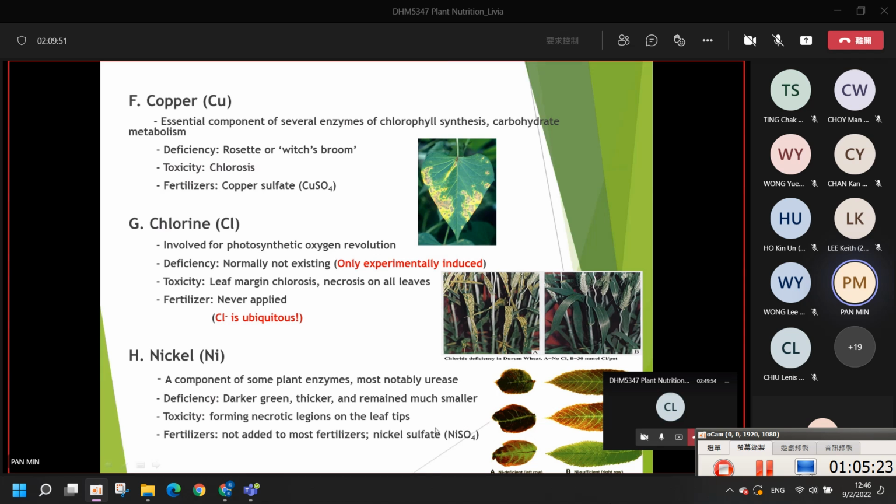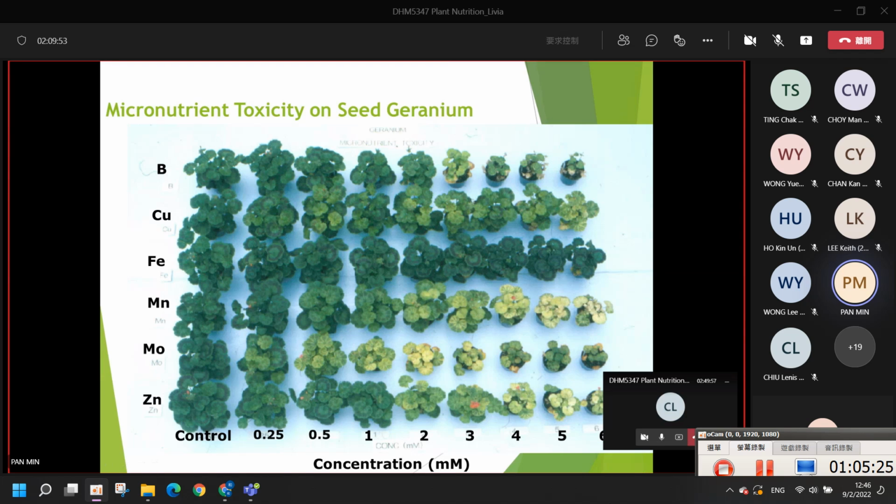Here shows the micronutrient toxicity on the seeds. And here you can see the deficiency symptoms for the different micronutrients.